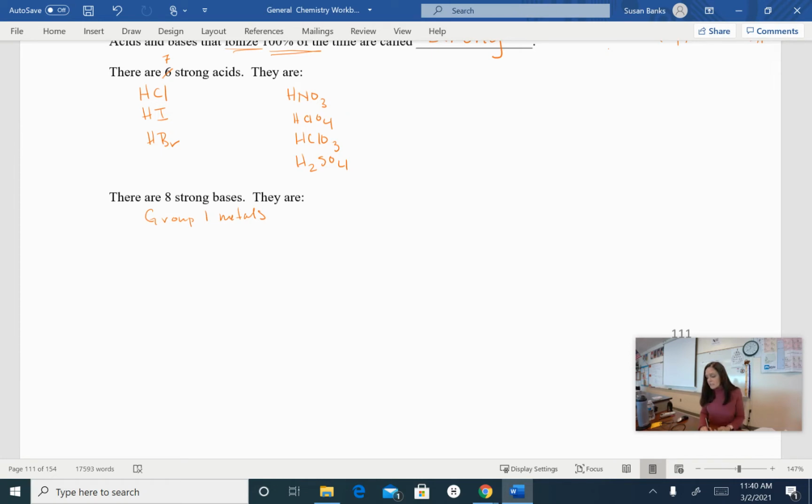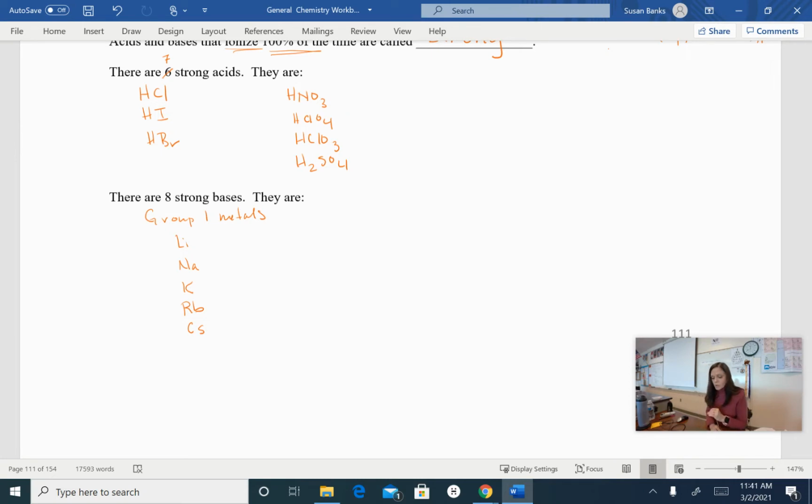So if I think of the group 1 metals, that very first column in the periodic table, I would have lithium, I would have sodium, potassium, rubidium, and cesium. Now, we don't include hydrogen because it's not a metal, and we don't really include francium because, let's be honest, francium is so radioactive that the half-life on that is only 22 minutes, so it's not stable.